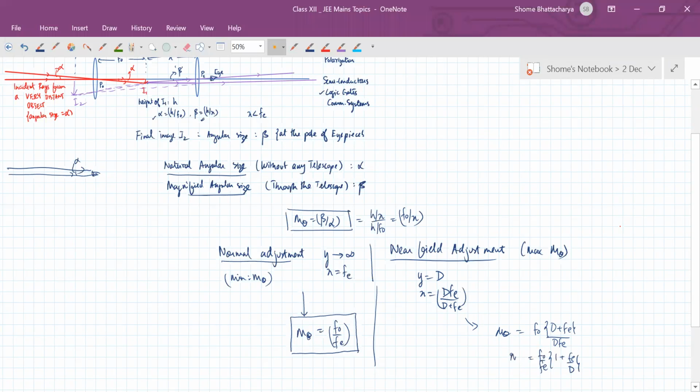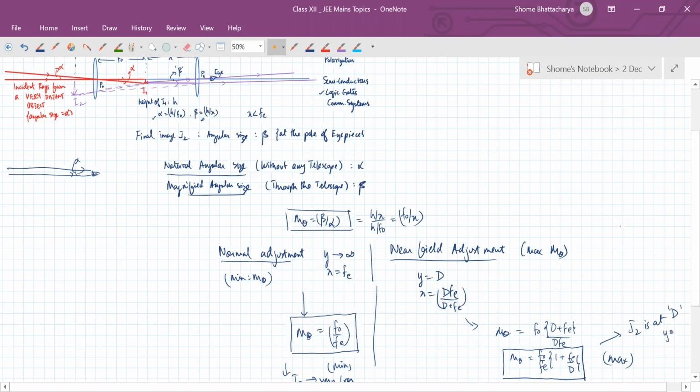You can see it is larger than the angular magnification for the normal adjustment position by a certain factor. So this is the maximum one, this is the minimum one. This is when the final image I2 is very far, so the eye is in the comfortable position. And this is when I2 is at the least distance of distinct vision, so y is equal to d.